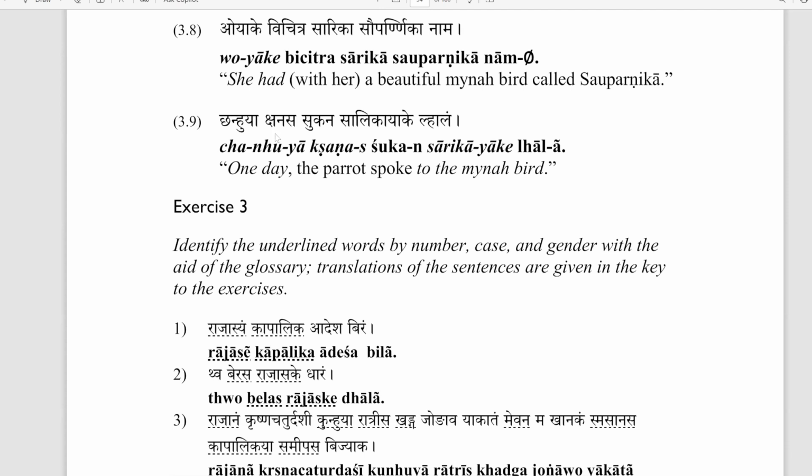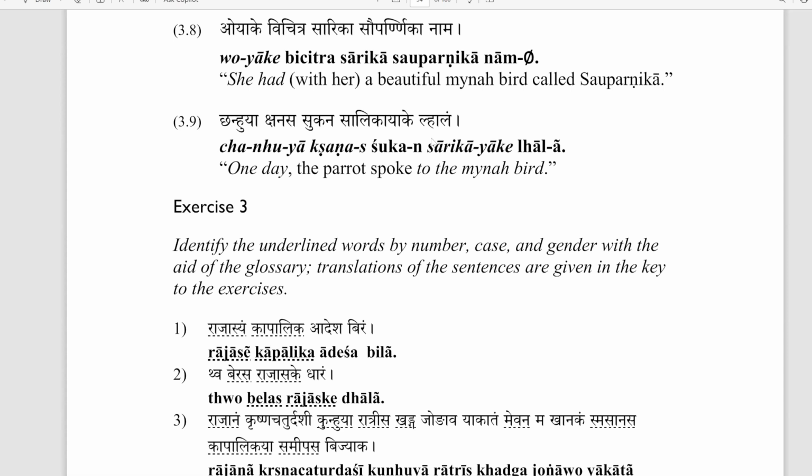And suga is sugar in Sanskrit, that is parrot. And the word for speak is nal. Yes, the original form is lahaye, and then lahala is the perfective past.